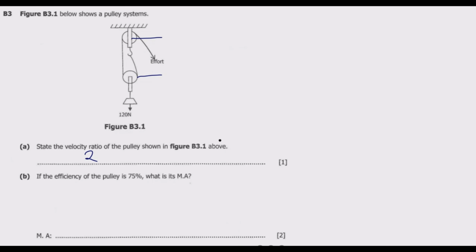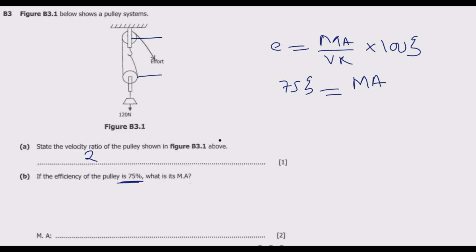So basically efficiency, let me use a bigger space, efficiency equals mechanical advantage over velocity ratio multiplied by 100%. Then we are told that efficiency is 75%, so 75% equals mechanical advantage over velocity ratio times 100%.